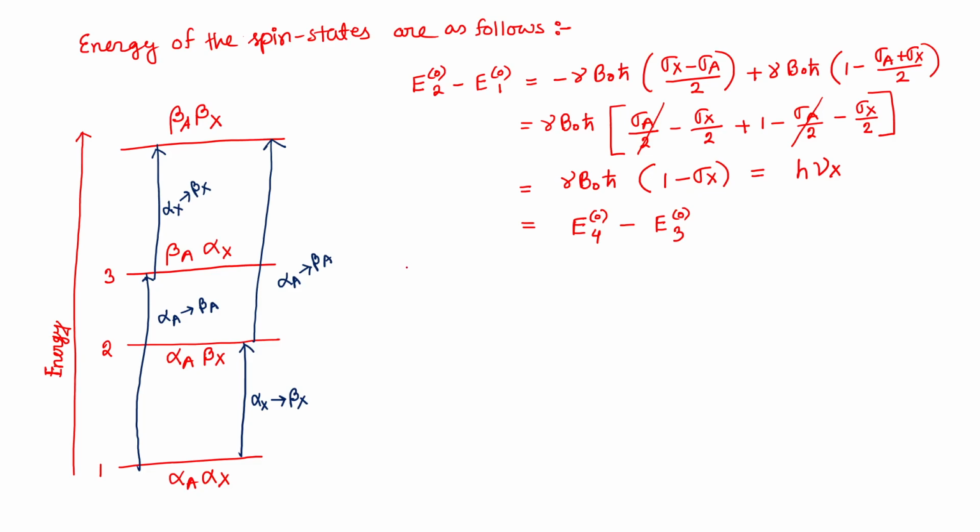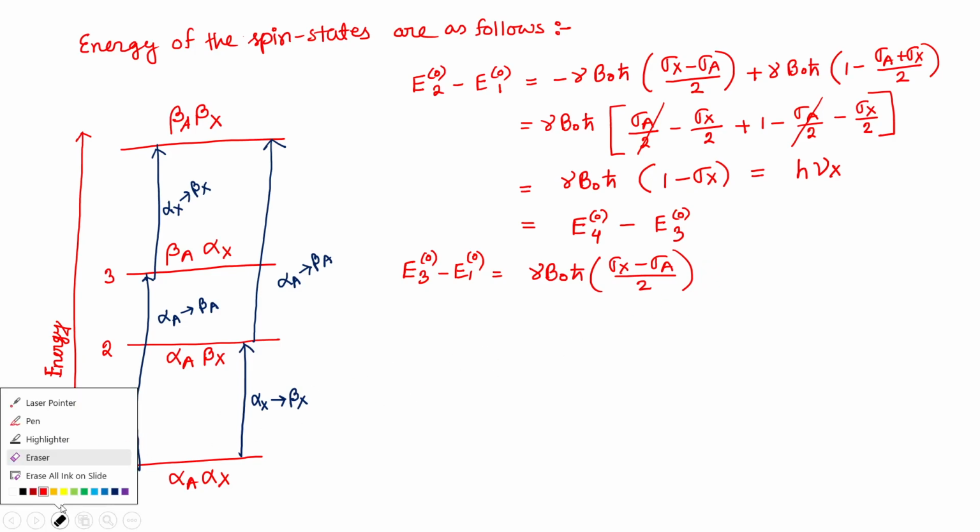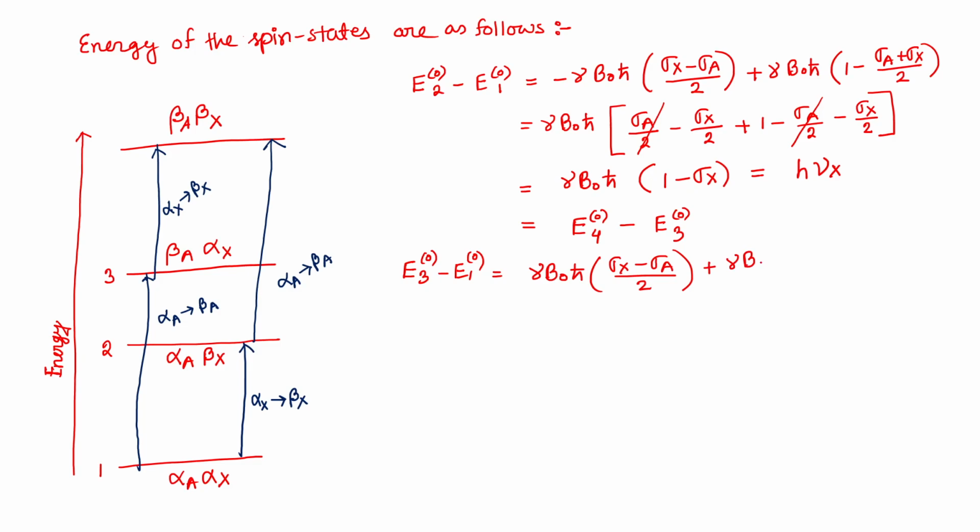What about the gap between third and 1? So that is plus gamma B0 h cut sigma X minus sigma A divided by 2, this is going to be plus because plus gamma B0 h cut 1 minus sigma A plus sigma X divided by 2.